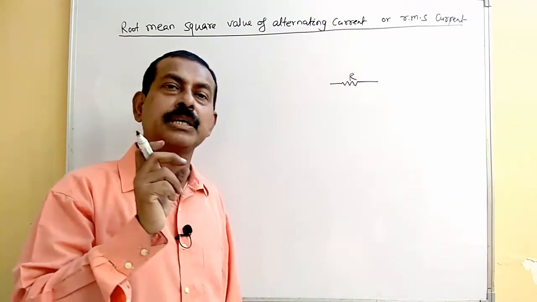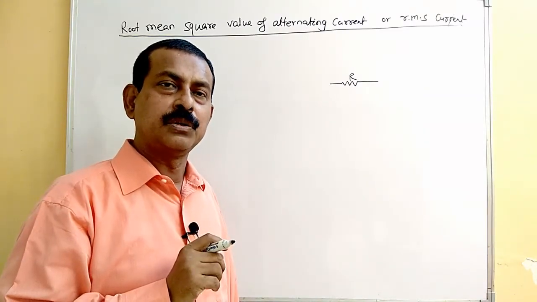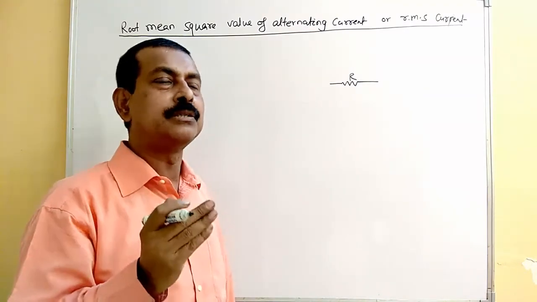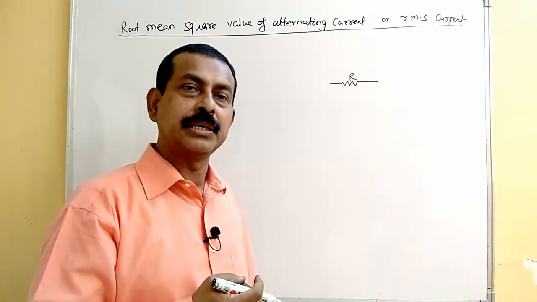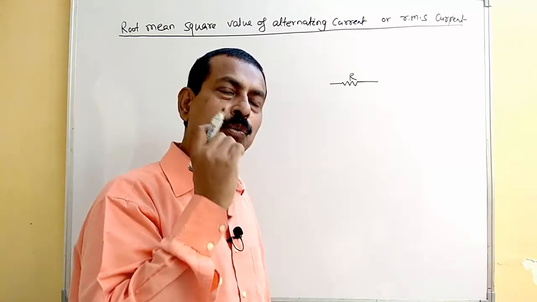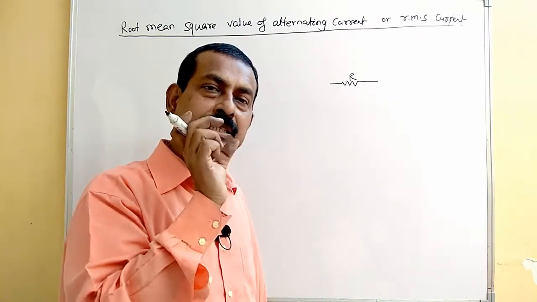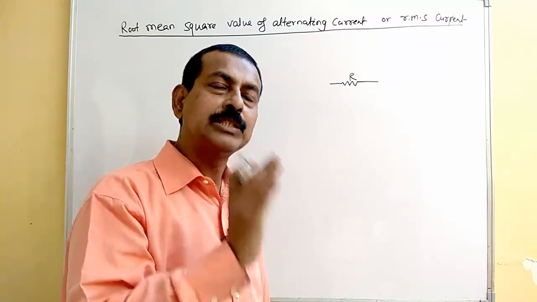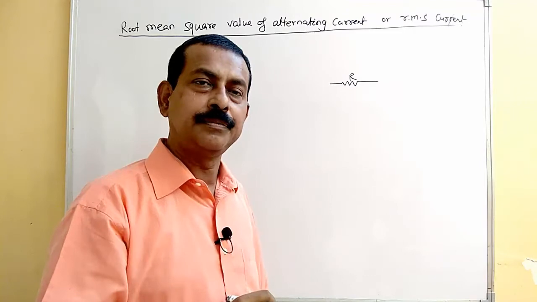That constant current we call the root mean square current. So this is how we define the root mean square value of current, or RMS value of the current. It is the constant current which produces the same amount of heat in a given resistor in the same duration of time as produced by alternating current in one complete cycle.